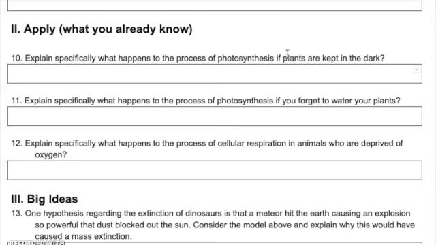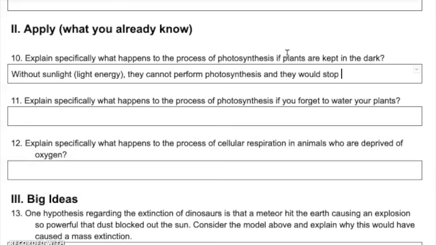So I will write, without sunlight or light energy, they, and the they here obviously are plants, they cannot perform photosynthesis, and they would stop creating glucose.